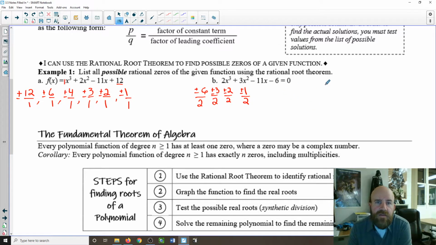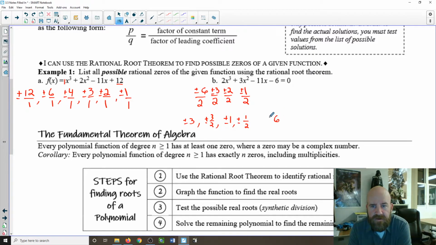Now we can go ahead and list the next set. So we know 6 over 2 is going to be 3. This is 3 halves. This is going to be 1. Okay, so we can simplify these. So that's what those break down into, and we have 1/2 here. So all of these divided by 1, we know we're gonna have 6 over 1.